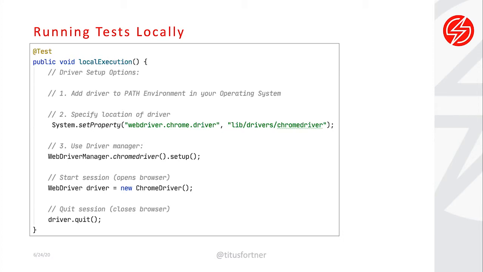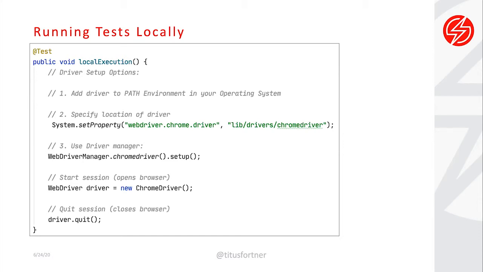And so Selenium is going to be looking for a driver it can work with. One way that you can do this is to add the location of where you've downloaded the driver and put that in the path environment variable in your operating system. So this is the bash profile, or in the Windows 10 UI, whatever operating system you're working on. That's one way to do it.